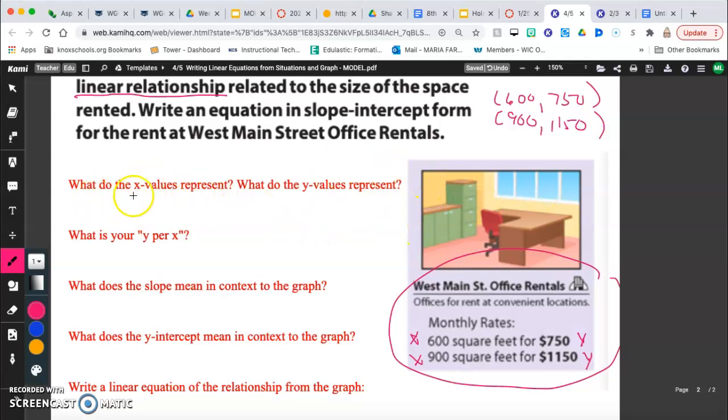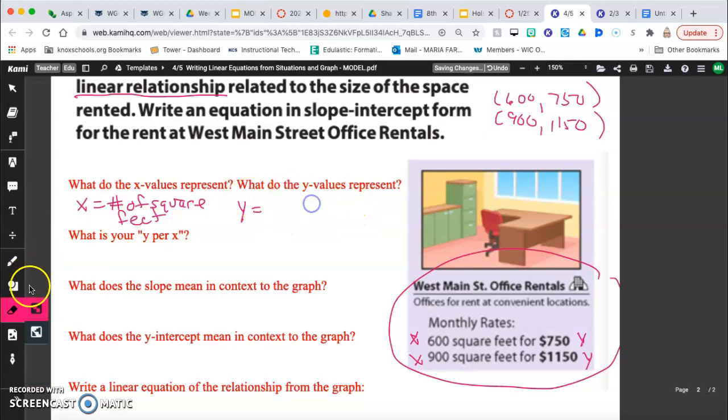We just said our x values represent the square footage when we determine what was what. So our x is the number of square feet. Our y is going to be the amount, sorry, the total amount of the rental space.